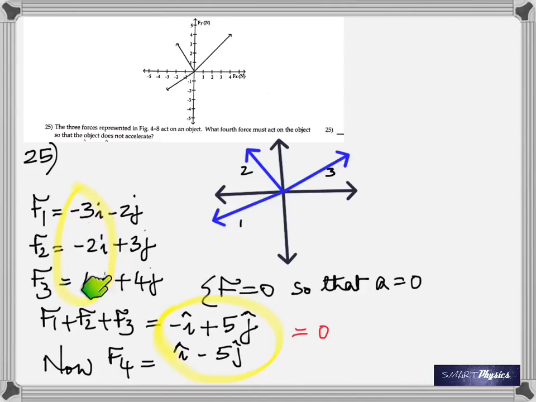When you add these, you get this. But that's not the answer, because you want to add the opposite of that so that along with the 3, when you add this, it becomes 0. Is that clear?